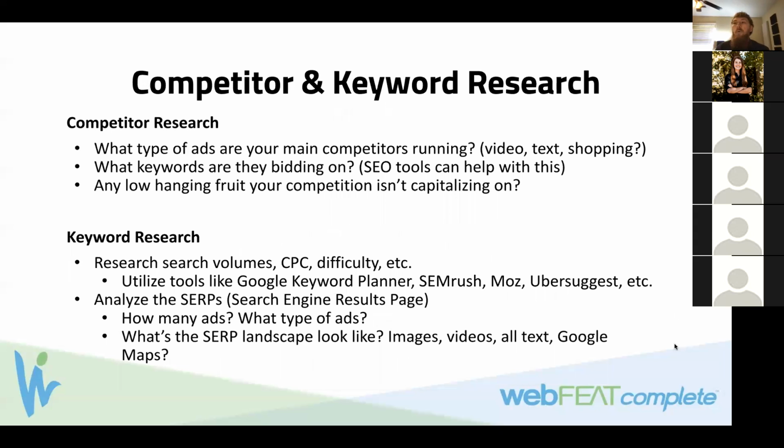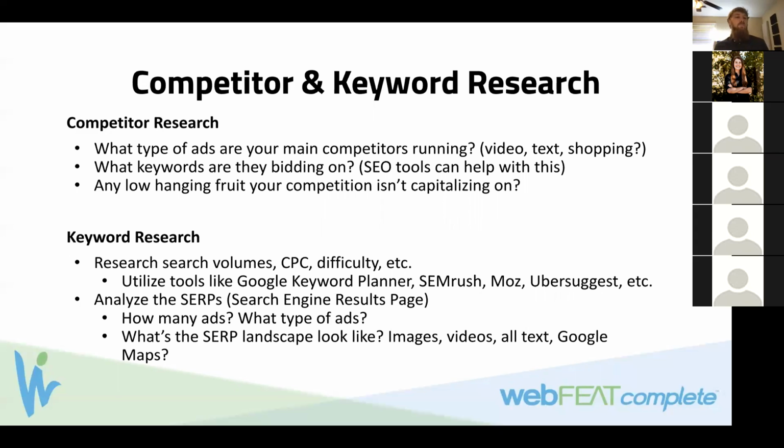So another important component of Google Ads, and just like any other marketing strategy, it typically starts out with quality research. And when it comes to Google Ads, you're going to have research on competitors and then also on keywords.